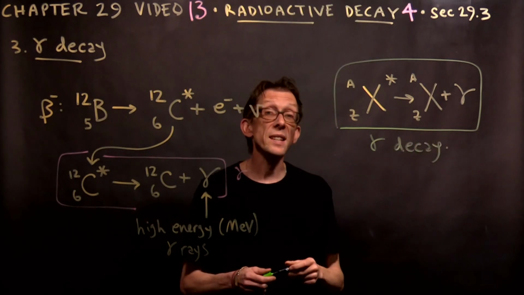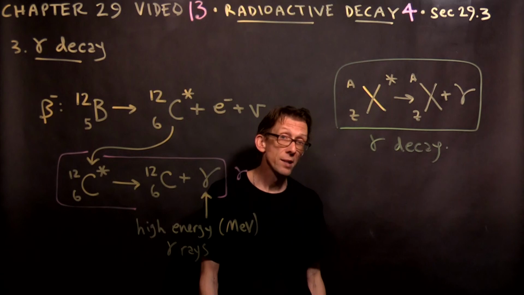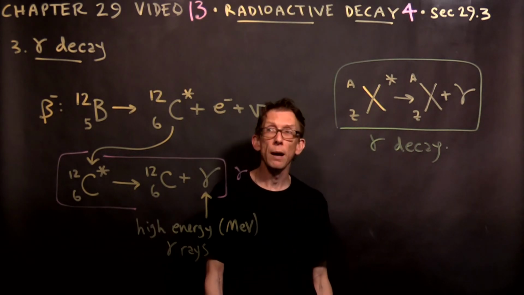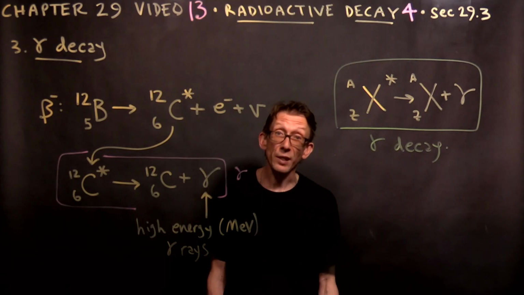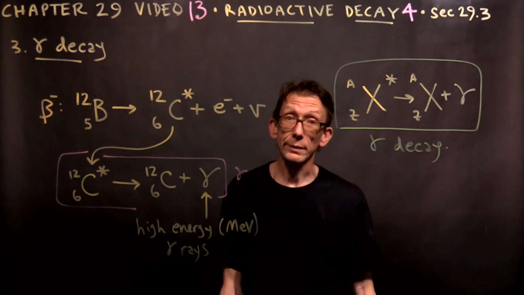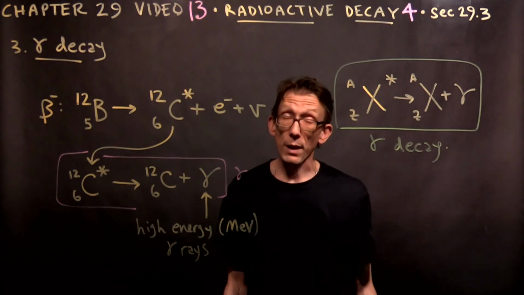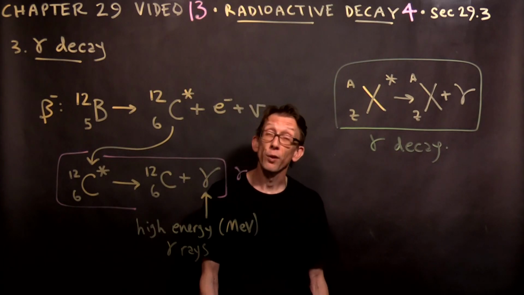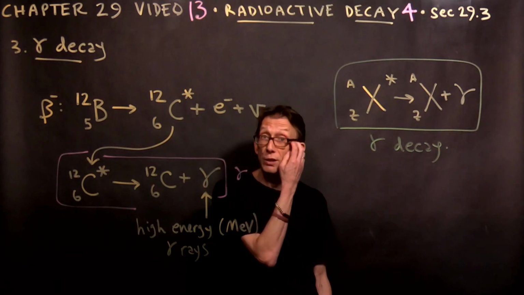And this happens exceedingly rapidly. There are only a few cases we know of where it really takes a while. So we usually don't talk about half-lives so much when it comes to gamma decay. There are things called metastable states of atoms and of nuclei, but for the most part we don't talk about half-lives for gamma decay, not typically. But that's what gamma decay looks like.